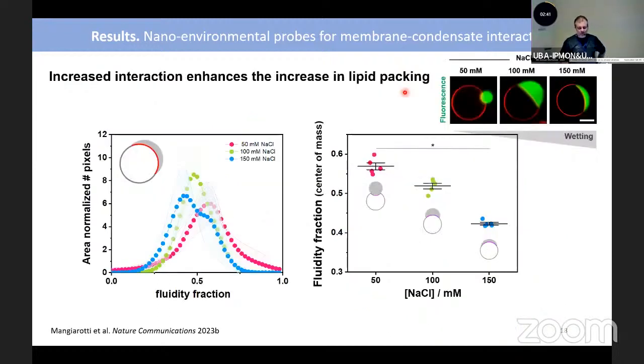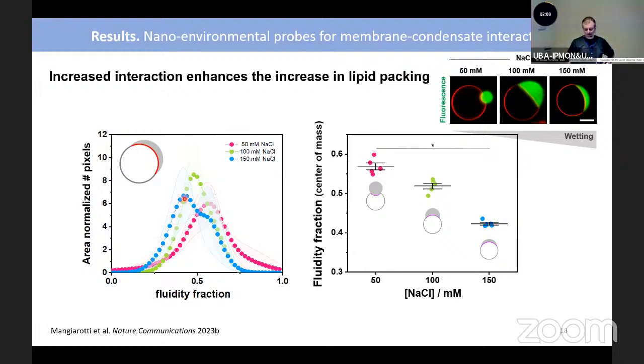And then we started to measure what was the effect if we modify the physicochemical parameters that we knew would affect the condensate, the way that the condensate wets the membrane, and how much this may impact the membrane. We did the same experiment as before, but now changing the sodium chloride and measuring this fluidity fraction. We can identify the profile, and these shadows here are the error that we have.